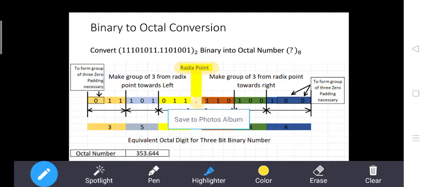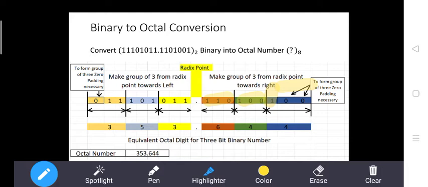So my first group is 110, second group is 100, and third group has only 1 in it. I required 3 digits, so I add 2 zeros over here, or we can say to form group of 3, zero padding is necessary, so I added 2 zeros, right?